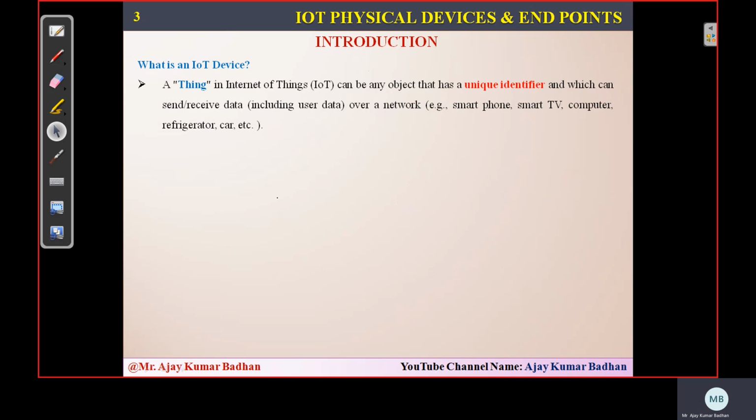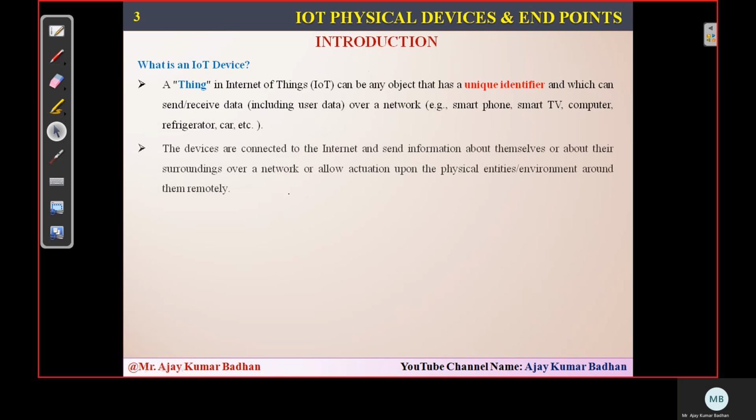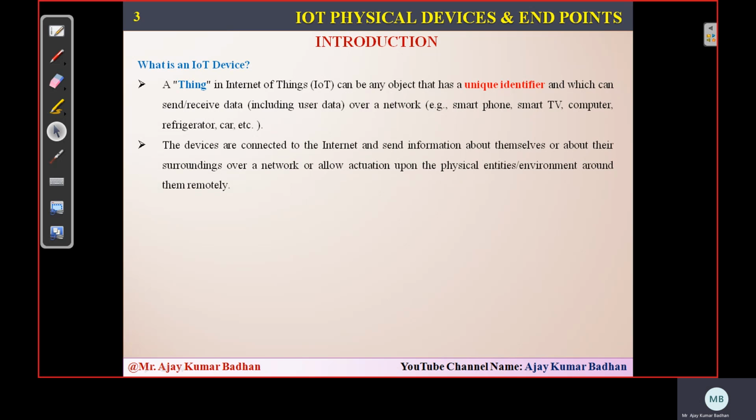As I told you, these devices have a unique identity, and they will transmit data to other devices or to the cloud. But how they are able to transmit to other devices and the cloud can be done only with the help of what we call the Internet of Things.